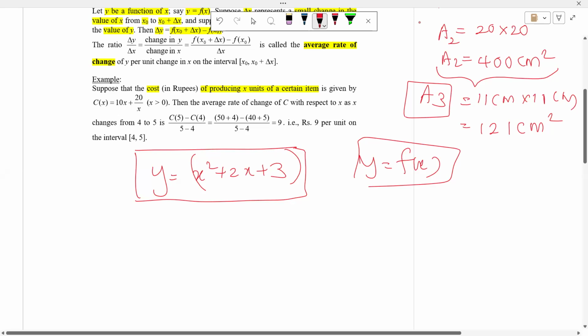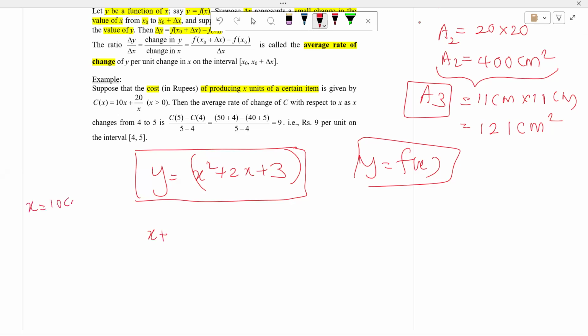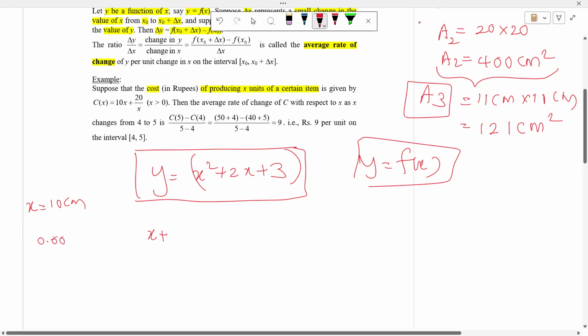By default, x has some value, right? If I increase the value of x by a small value, let's say now just think x is 10 centimeter, right? Now I increase the value of x by 0.001 centimeter, right?